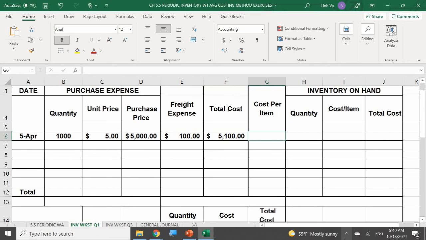And because it's my very first batch of inventory, assuming that we don't have any other inventories after that, what is going to be my average cost per item for my very first batch of inventory? $5.10.